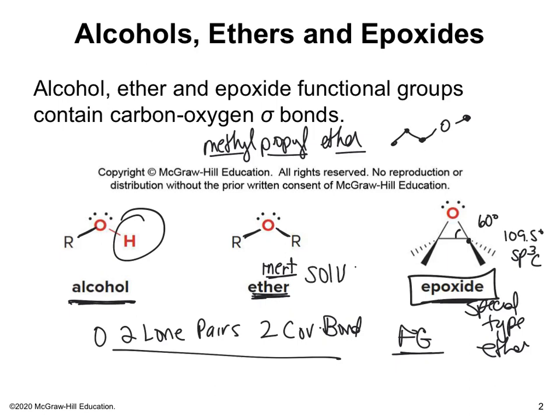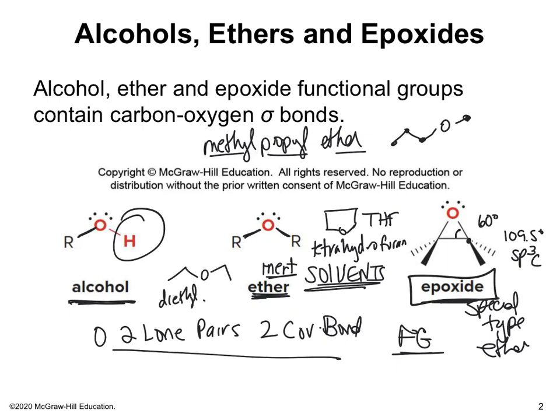These typically, for that reason, become your solvents. So solvents enhance a reactivity, but they do not participate in the reaction. So like tetrahydrofuran, which you'll see is THF. This is tetrahydrofuran. That's a common solvent. Diethyl ether. This is diethyl ether.